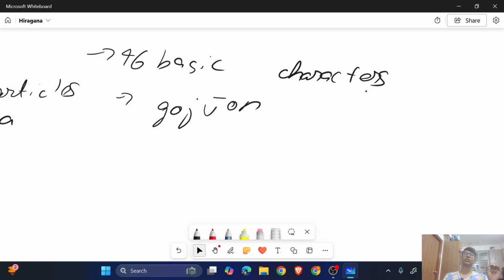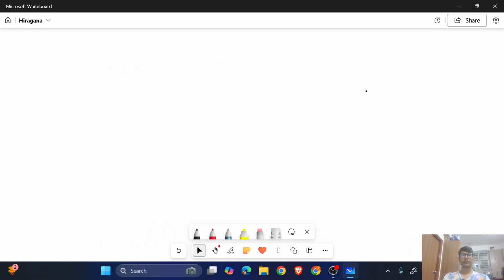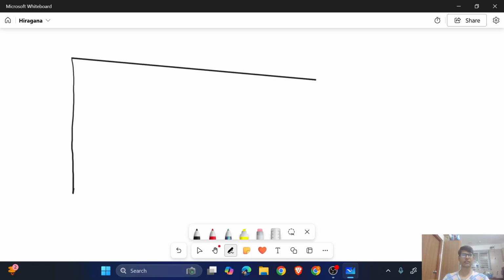This chart is organized in rows of vowels and columns of consonants. So if I have to make this chart, then it will look something like this.